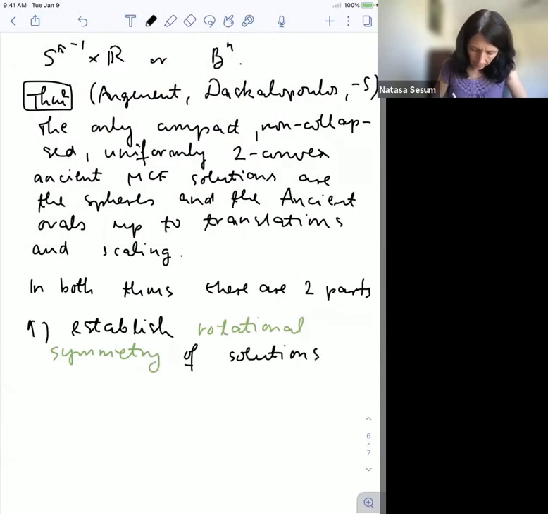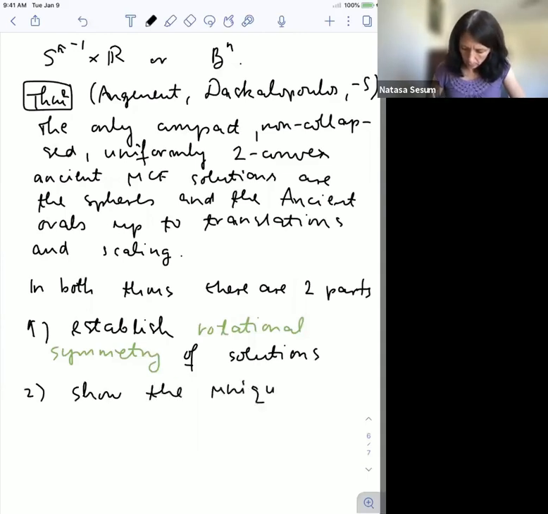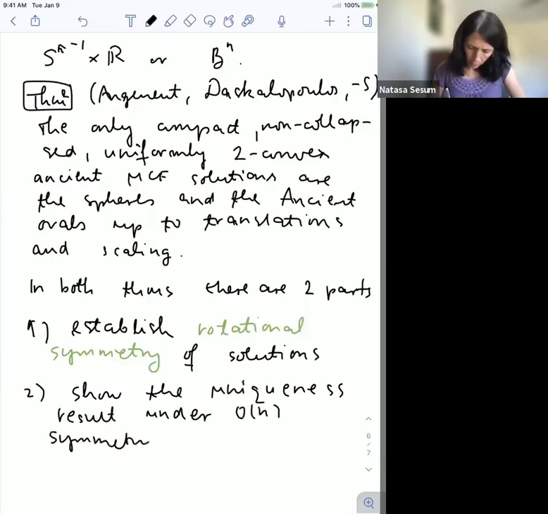And then second, under the rotational symmetry assumption, we show the uniqueness result, under O(n) symmetry. Okay, so in both theorems, you first establish that the solution has to be rotationally symmetric, and then once you know it's rotationally symmetric, you establish the uniqueness.